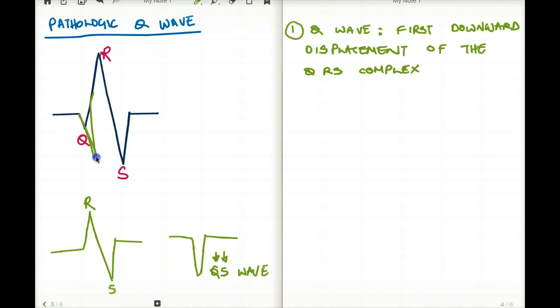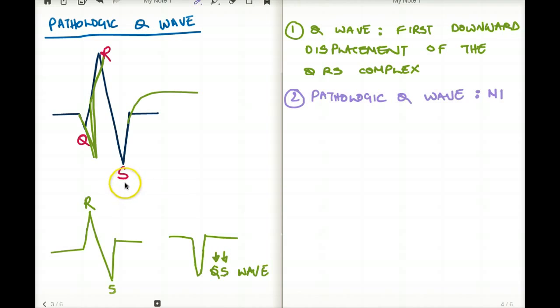But if the first negative deflection is really, really large, then you are talking about a pathologic Q wave. The Q wave is often accompanied by an ST segment elevation, and usually we see a pathologic Q wave in case of an MI.